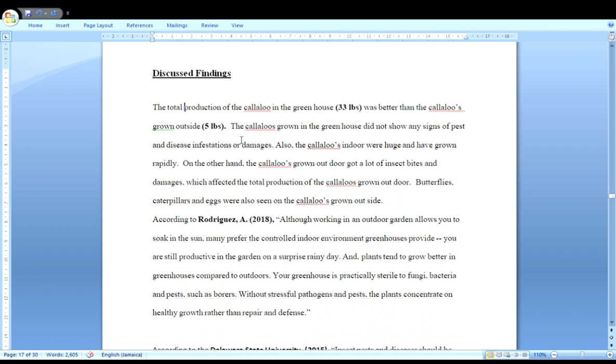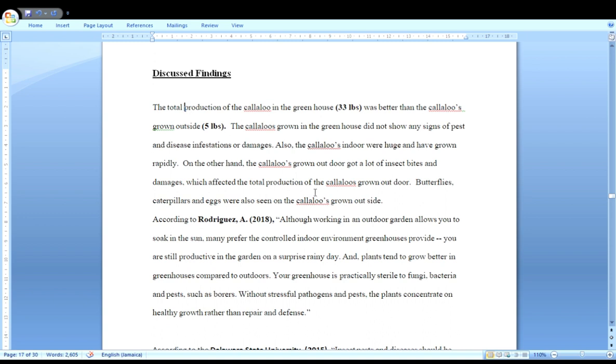Alright. The callaloos grown in the greenhouse did not show any sign of pest and disease infestation or damages. Also, the callaloos indoor were huge and have grown rapidly. On the other hand, the callaloos grown outdoor got a lot of insect bites and damages, which affected the total production of the callaloo grown outdoor. So you're giving one reason here.